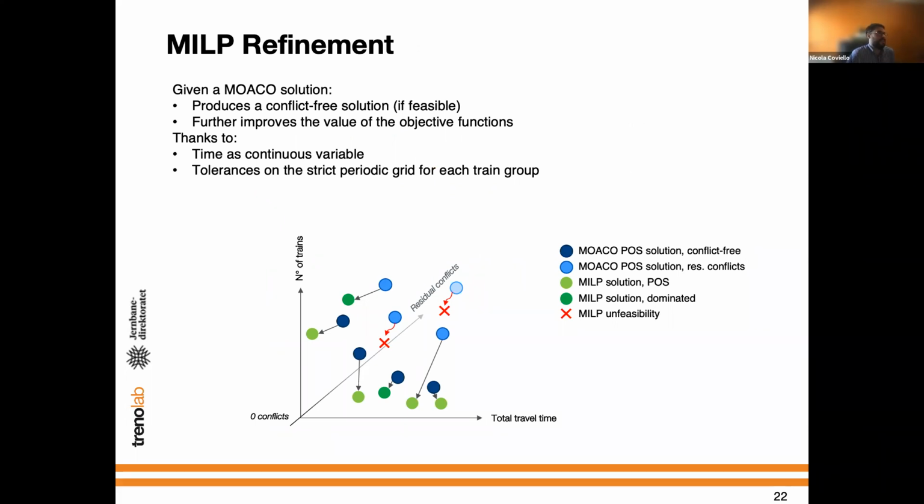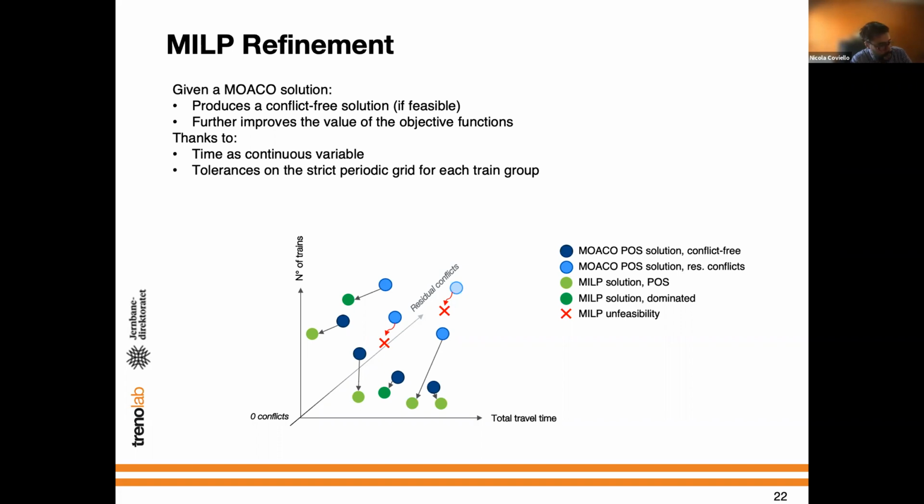This mixed integer linear programming formulation implements conflicts as hard constraints, and therefore it produces only conflict-free solutions. If no conflict-free solution is possible, it returns an unfeasibility.